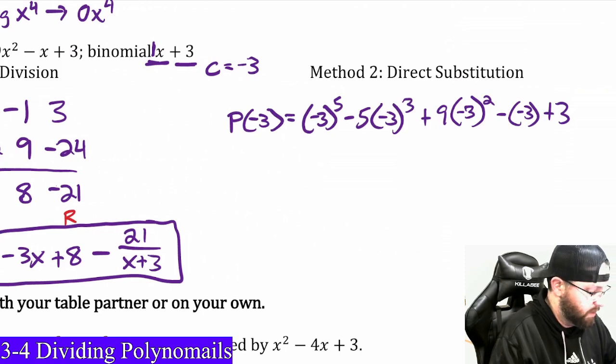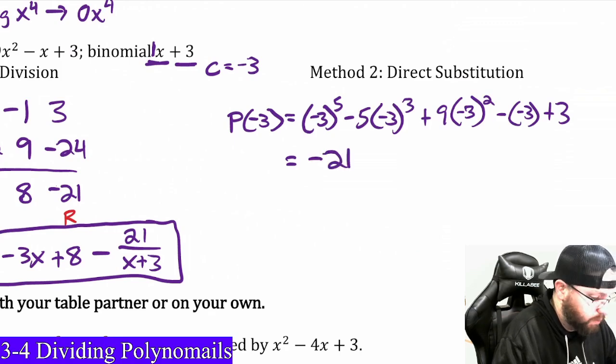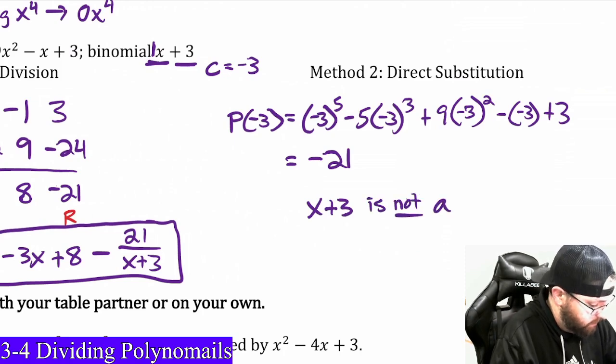So when we plug that in or work it out, we're going to get a negative 21, and that proves that x plus 3 is not a factor.